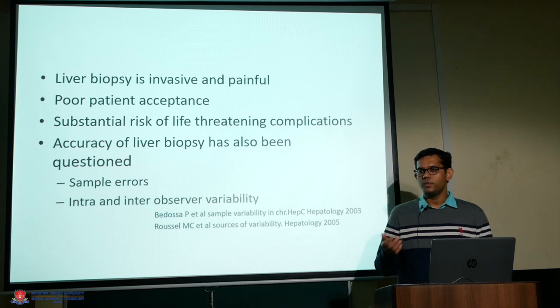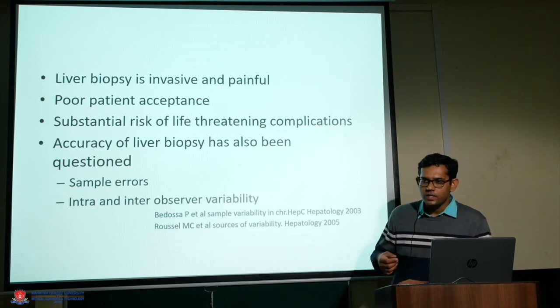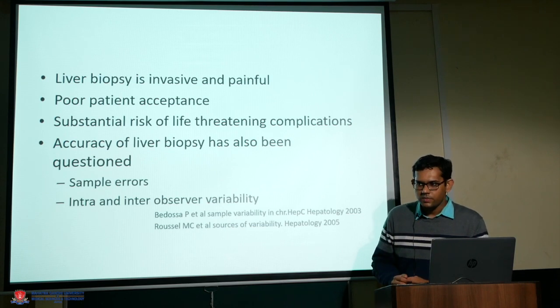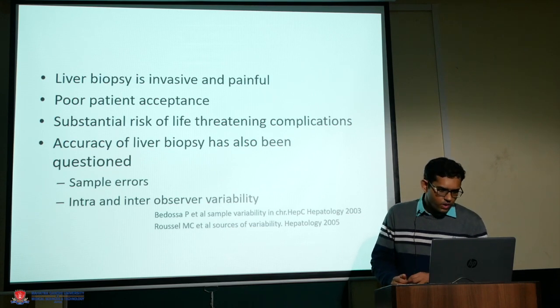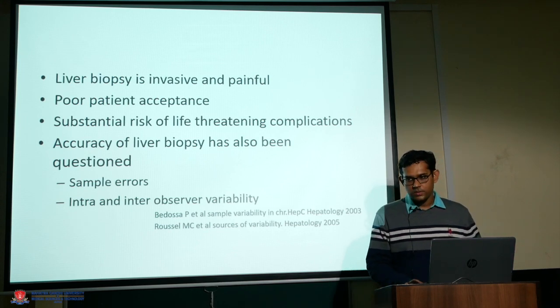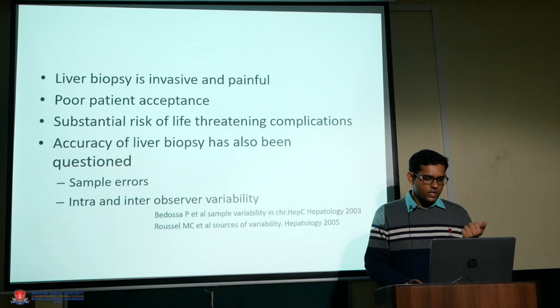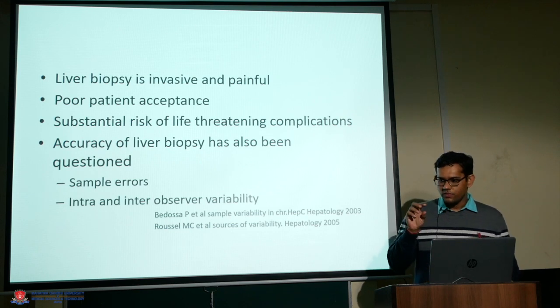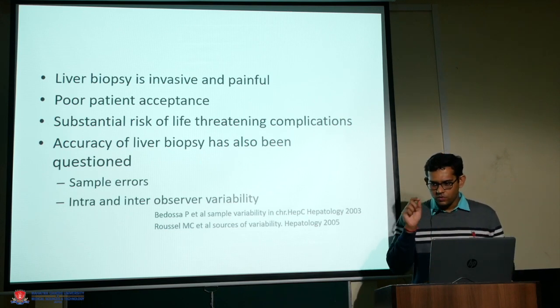Now, if you tell a patient that you have a fatty liver and you need to put a needle into your liver for a biopsy, an asymptomatic patient might not agree to it. Now, there is a substantial risk of life-threatening complications in liver biopsy. A patient might bleed, and also the accuracy of liver biopsy has been questioned, basically because of sampling errors and also because of the variability with which different pathologists would view the slide.